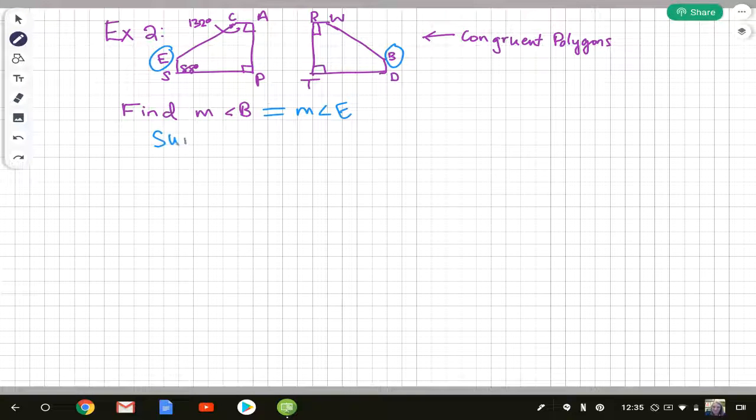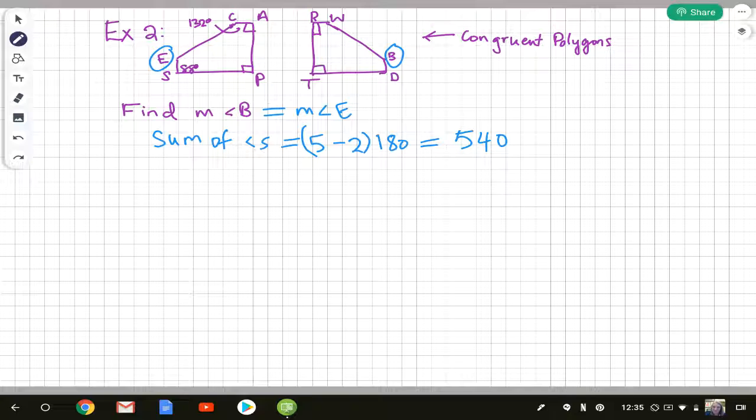So in this case, the sum of the angles should be equal to 5 minus 2 times 180, because each of these polygons has 5 sides. Right, so that's going to end up being 540.